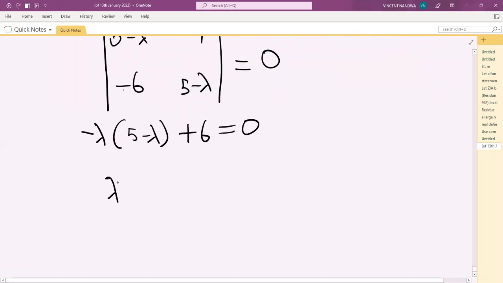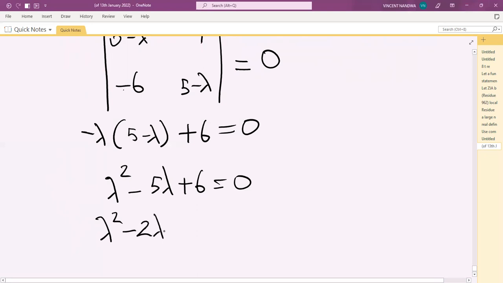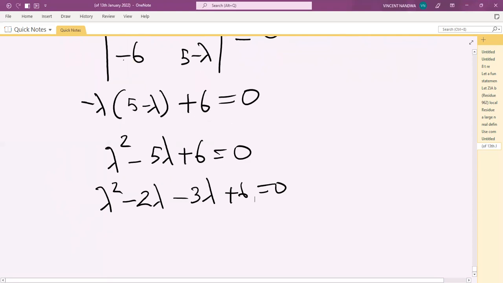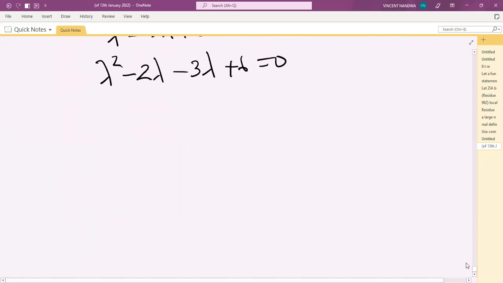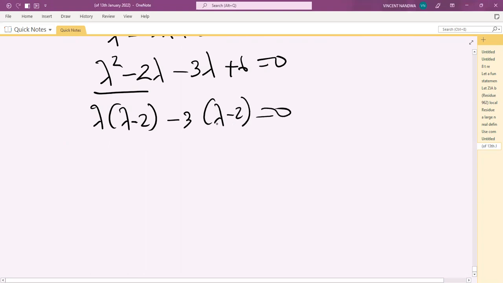You get lambda squared minus 5 lambda plus 6 equals to 0, which is the same as lambda squared minus 2 lambda minus 3 lambda plus 6 equals to 0. So this will be lambda into lambda minus 2 minus 3 into lambda minus 2 equals to 0.